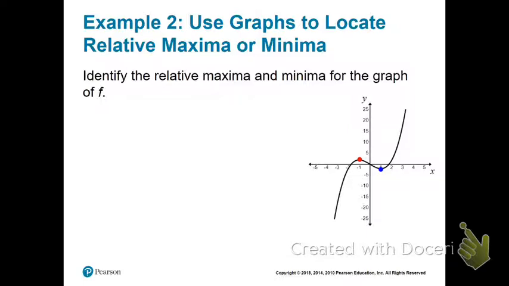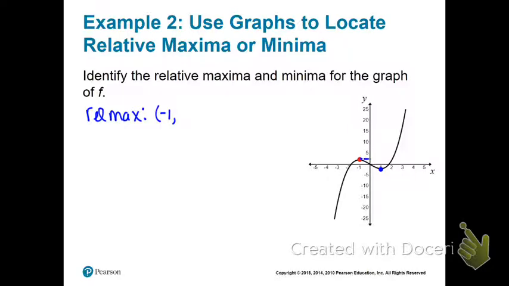All right, so now we're going to identify the relative maxima and minima for the graph of f. And so we can look here and we can see that yes, we do have a relative maximum. We can tell because we see we have a hilltop and it's actually got the red dot on it. So we're going to go ahead and give all three things. First, just tell me what would it be approximately as an ordered pair. Well, you can see the x value is -1. The y value we're just going to have to guesstimate.